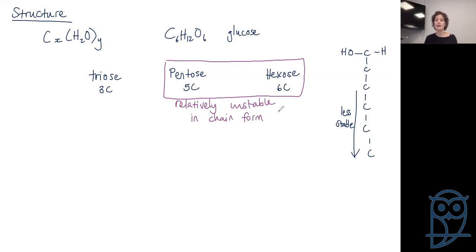We want everything to be nice and stable and predictable. So this is why our pentose and hexose sugars form ring structures. It's a very big deal about stability.